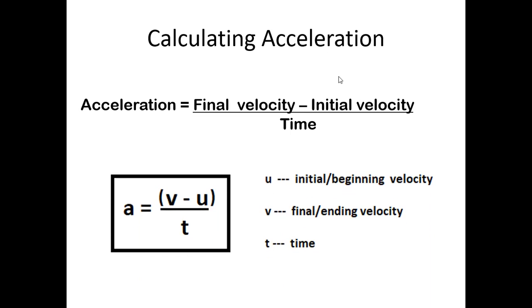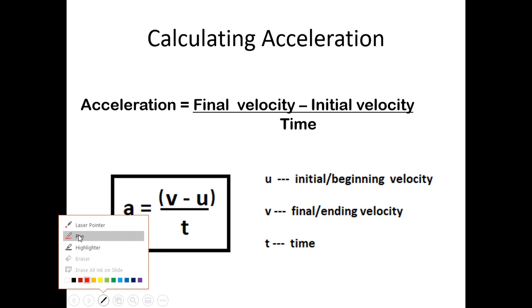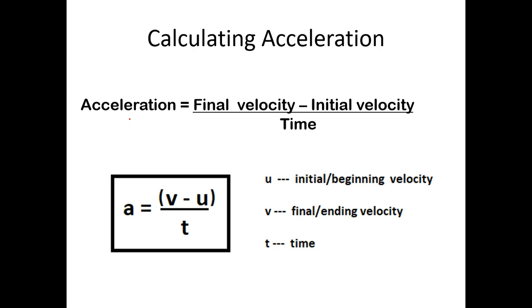In simple terms, here is your formula, where A stands for acceleration, V stands for your final velocity, and U stands for your initial velocity, and T stands for your time.